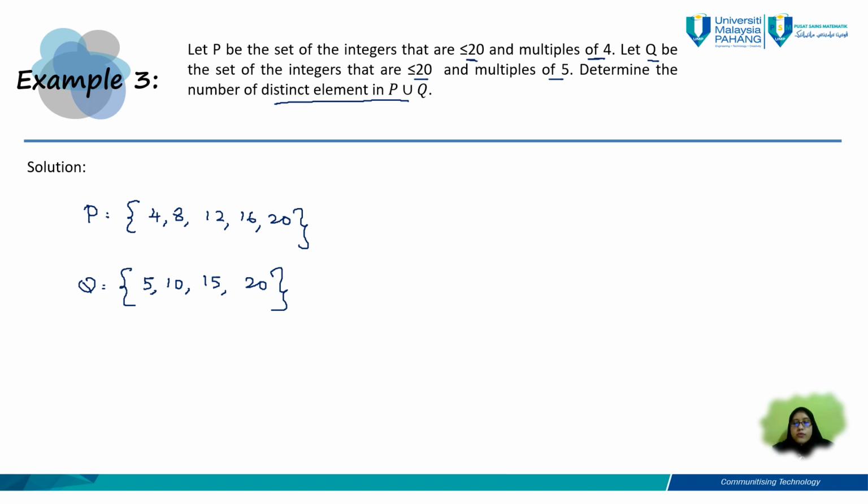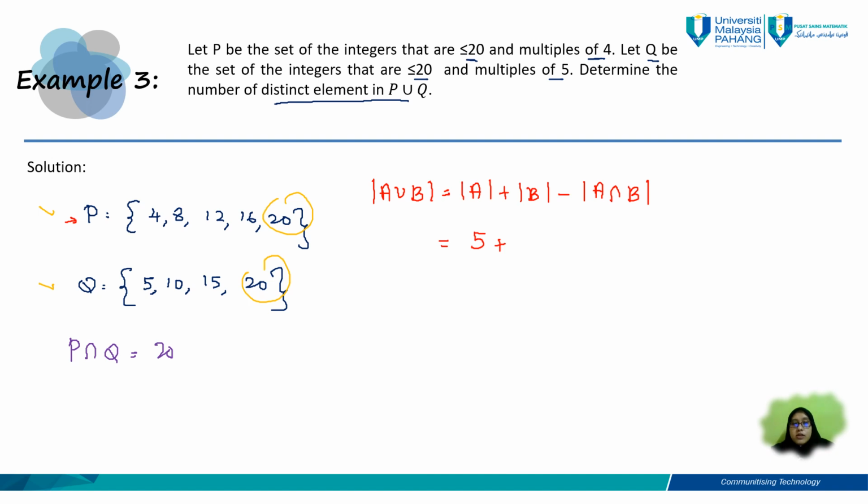From here, if we compare the elements of P and Q, we can find we have a same element. What is the same element? 20. So 20 will be P intersect Q. By using the formula, A union B is equal to element A plus element B minus element A intersect with B. Element A is for P, so in total we have 5.